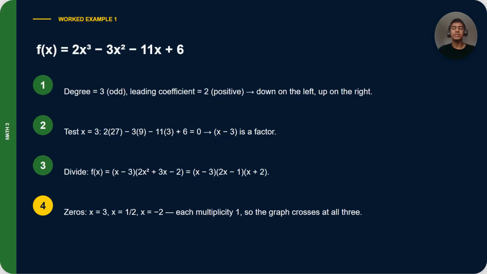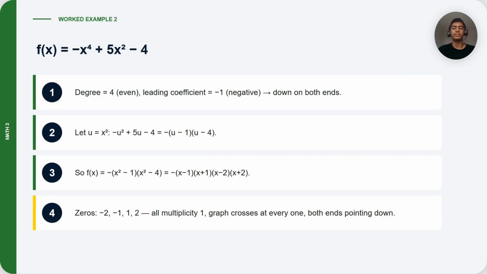Try x equals 3: 2 times 27 minus 3 times 9 minus 11 times 3 plus 6. That comes out to 0, so x minus 3 is a factor. Divide it out and the rest factors into 2x minus 1 and x plus 2. So our zeros are 3, 1 half, and negative 2. Each one appears only once, multiplicity 1. So the graph crosses the x-axis cleanly at every single one.